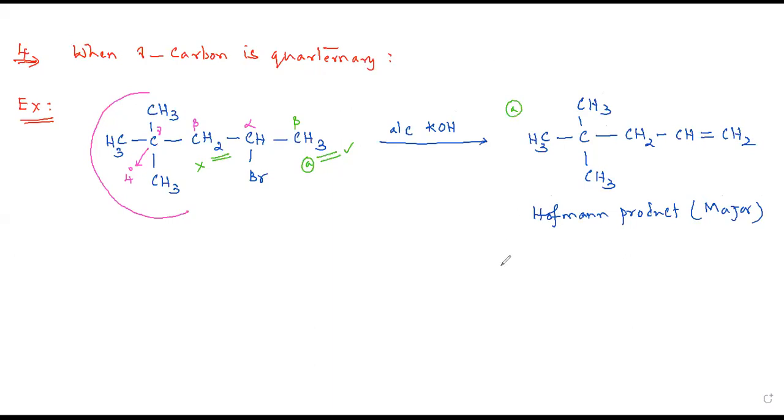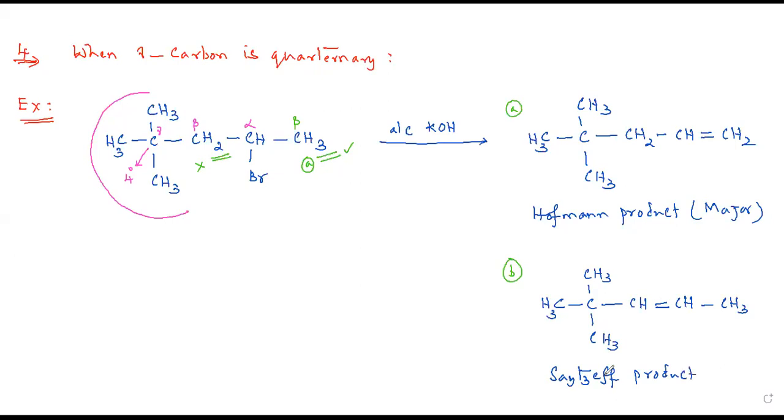Whereas when you go for the second possibility, this is what you get. Right? This is Zaitsev product. But this is minor.